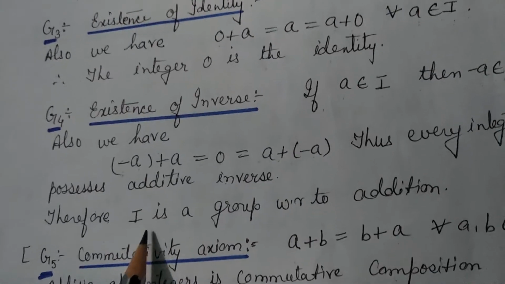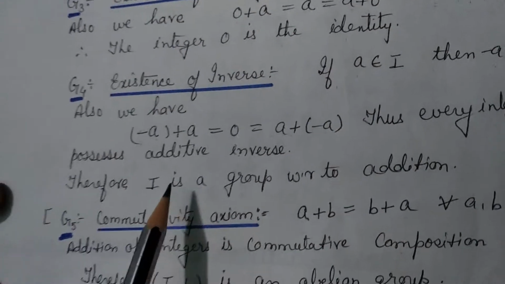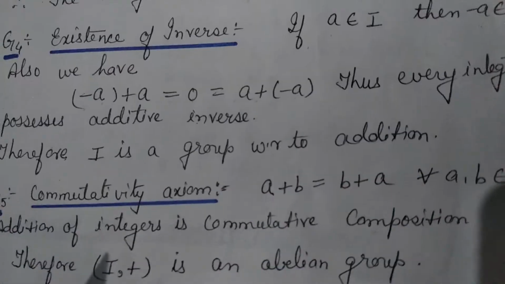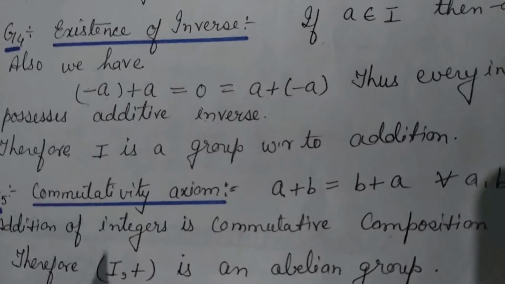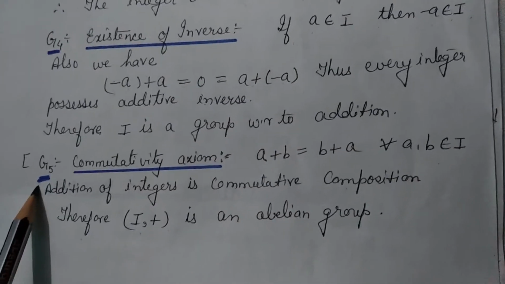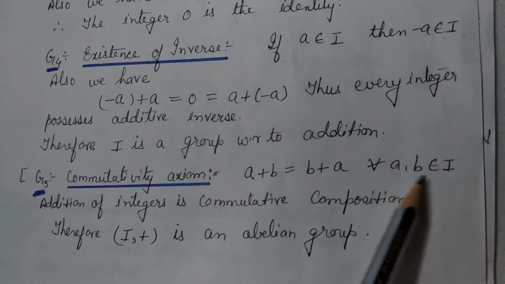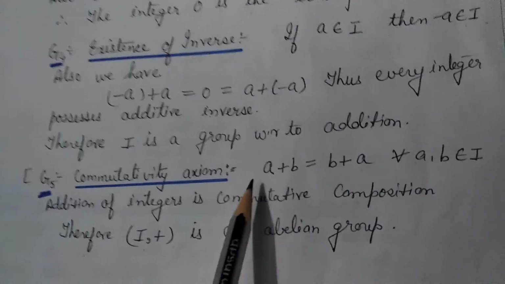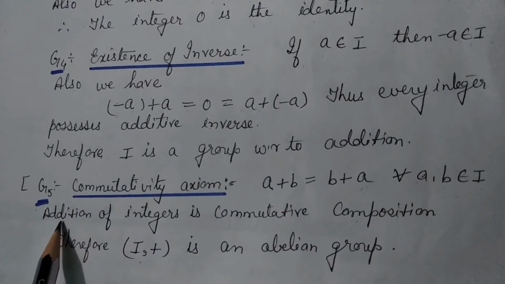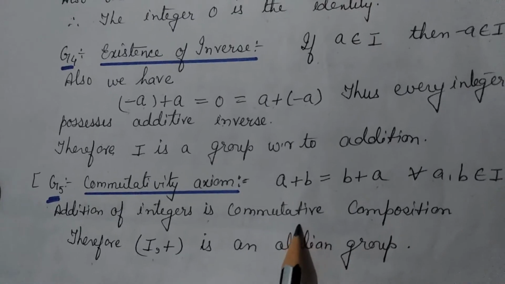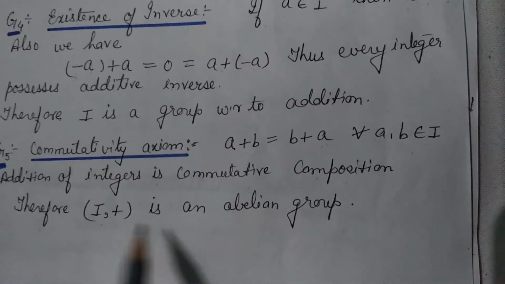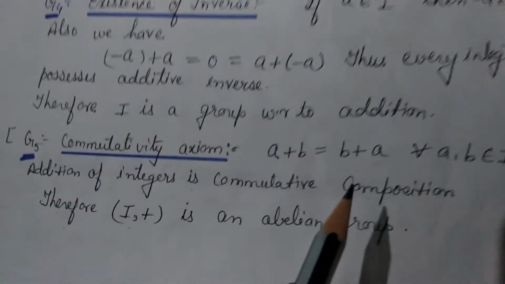Therefore, I is a group with respect to addition, since all the four axioms are satisfied. Let us check the fifth one, that is the commutativity axiom. For all a, b belonging to I, a plus b is equal to b plus a. So addition of integers is a commutative composition. Therefore, (I, +) is an abelian group.